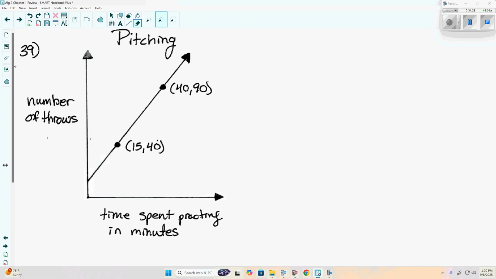So if we look at 39, the first thing we need to do is to find the slope. y2 minus y1 over x2 minus x1. What are our two y values? Well, 90 and 40. Corresponding x values are 40 and 15. Because we went 90 minus 40, we're going to have to go 40 minus 15.